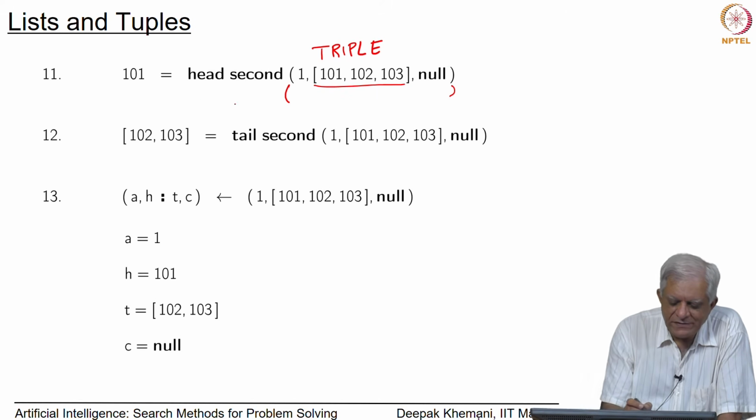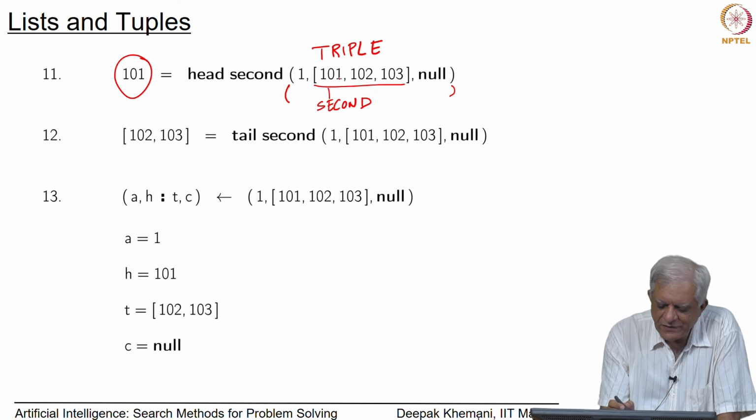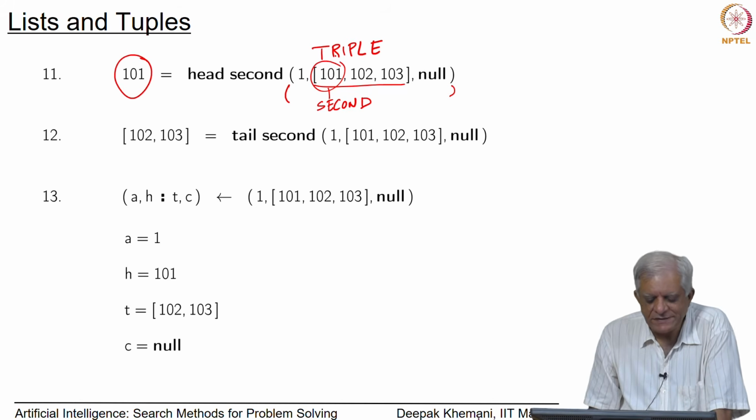And we can see that this element 101 is the head of the second of the triple. The second of the triple is this whole thing, and the head of this is the element 101, as you can see essentially.